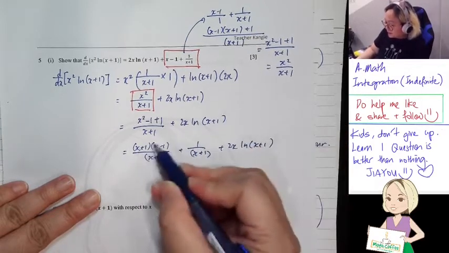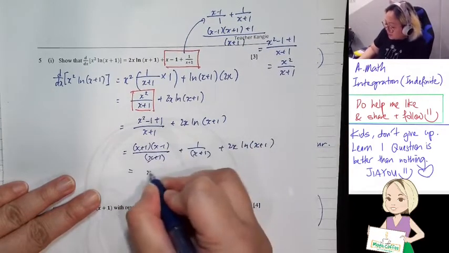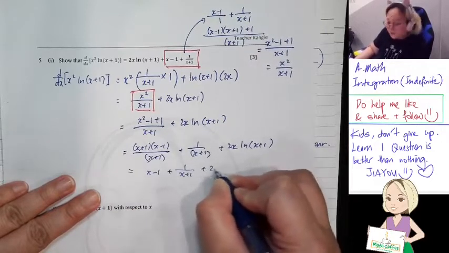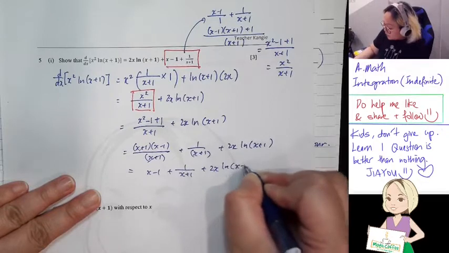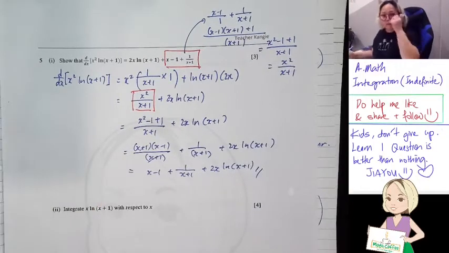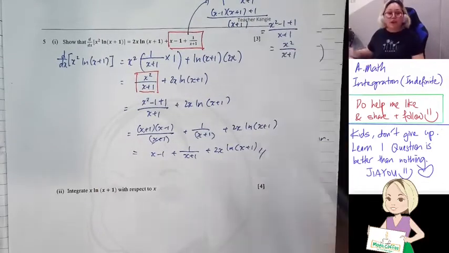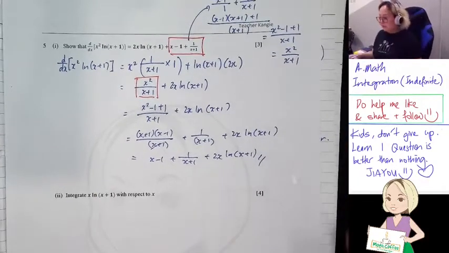I can cancel this, and in the end I get x minus 1 plus 1 over x plus 1 plus 2x ln(x plus 1). Done. You get that? Okay, so this is 3 marks. This is only differentiation.